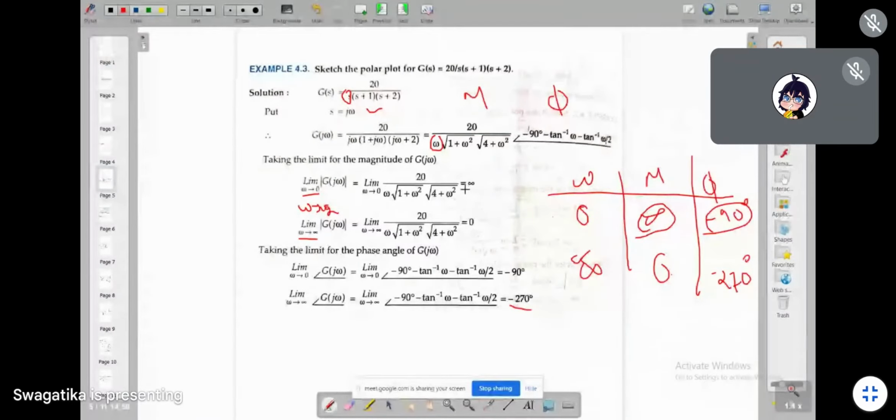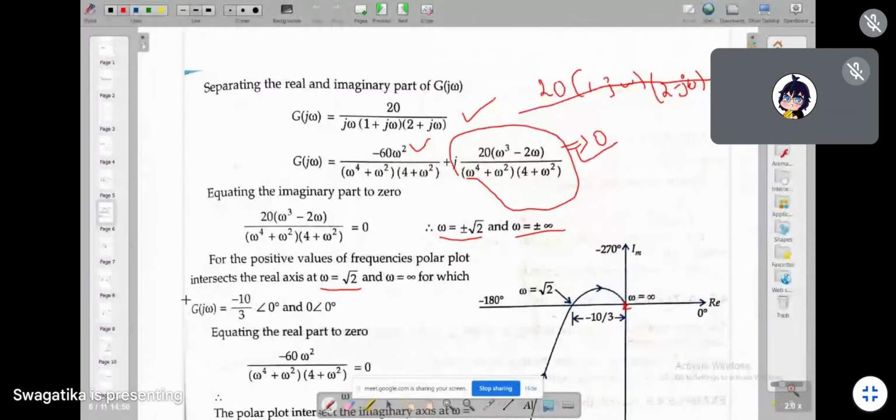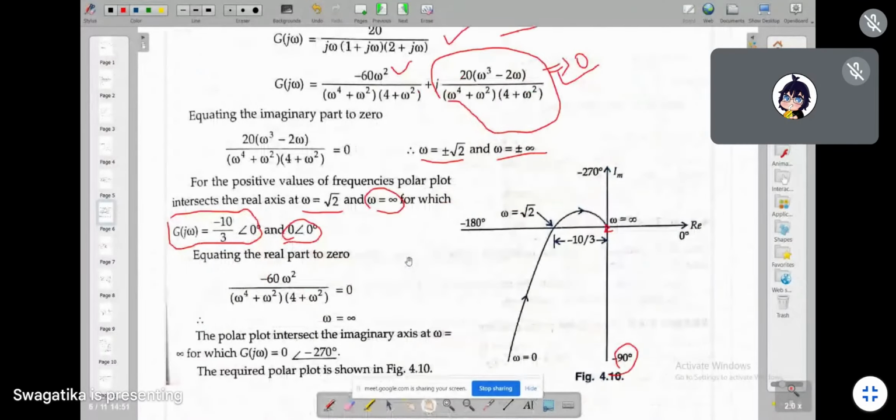You will find the magnitude is minus 10 by 3 with phase 0. And again, you will put omega equals infinity. You will find magnitude 0 with phase 0. So now, this will be your point of intersection, that is omega equals root 2 and your magnitude is minus 10 divided by 3.